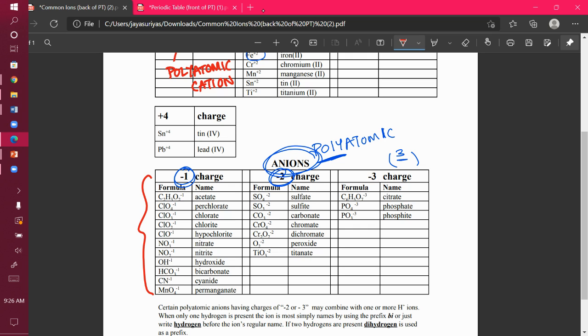Here's acetate. Acetate is C2H3O2. That means acetate is made up of 2 carbons, 3 hydrogens, and 2 oxygens. We're going to put that in parentheses, and on the outside of the parentheses, we write the charge of acetate as -1, saying that everything inside the parentheses has the -1 charge.